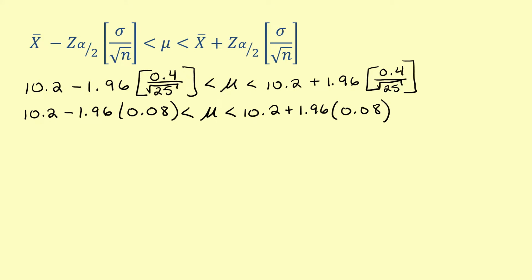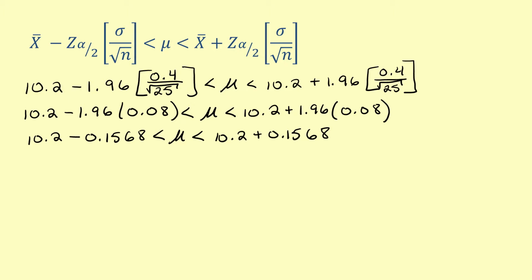Multiply to get 10.2 minus 0.1568 is less than mu is less than 10.2 plus 0.1568.